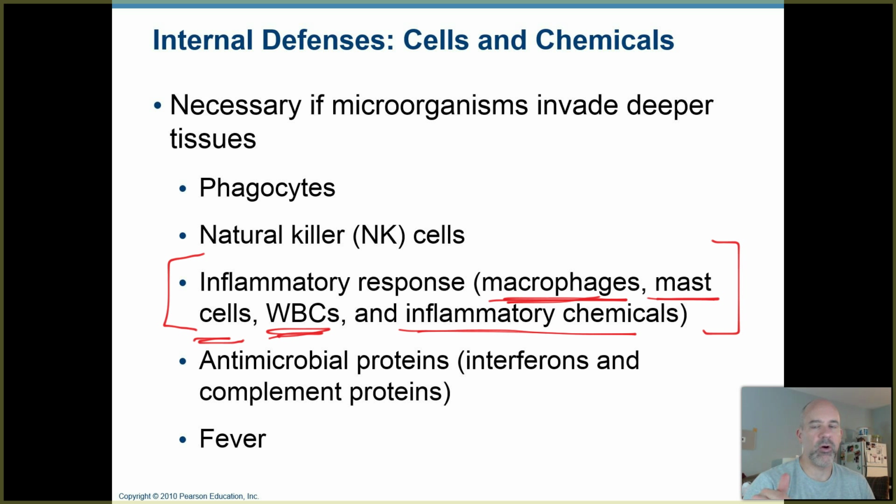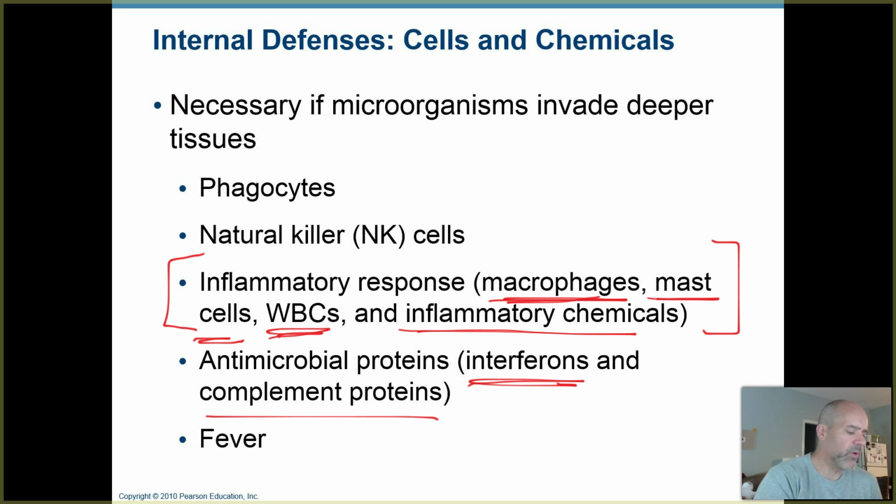Some of the antimicrobial proteins I mentioned include interferons. You may have heard of interferons before. There are some types that are given to patients who are having trouble getting over some types of viral infections, especially hepatitis infections in the liver.